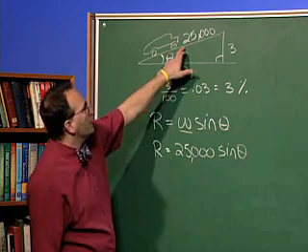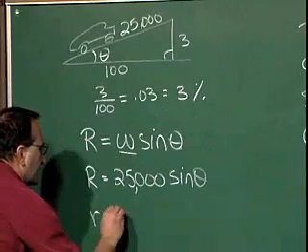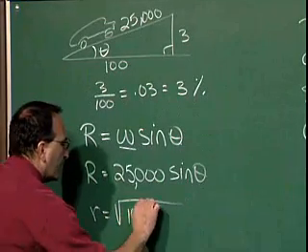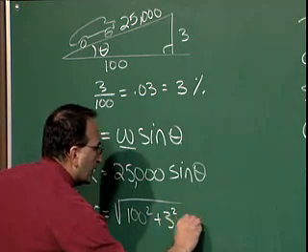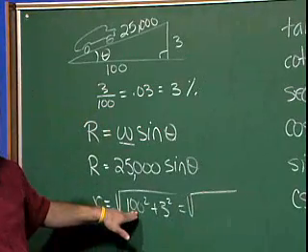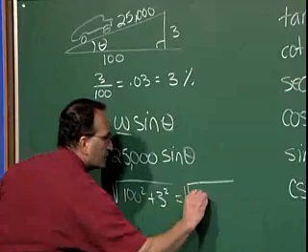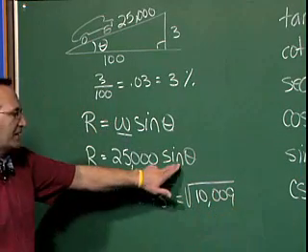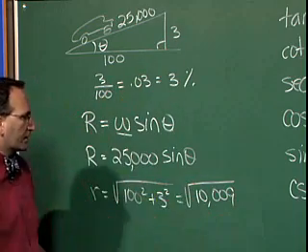So the hypotenuse, which I will label as little r, is equal to the square root of 100 squared plus 3 squared. That's equal to the square root of, 100 squared is 10,000 plus 3 squared is 9, so the square root of 10,009. So sine theta then is 3 over the square root of 10,009.